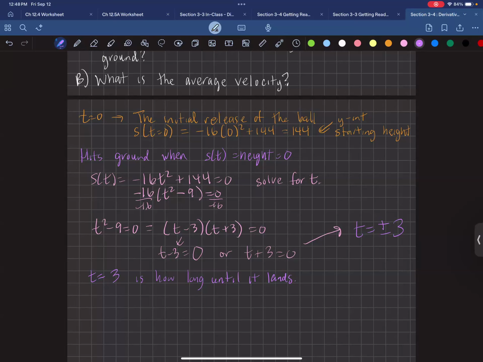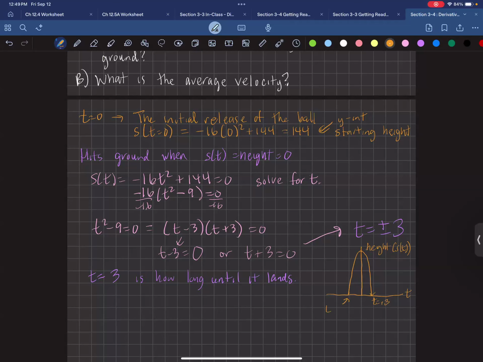If I drew a little graph here, this is making a downward parabola like this, where this is representing the height, S of t, and this axis is time. So it's hitting at t equals 3.